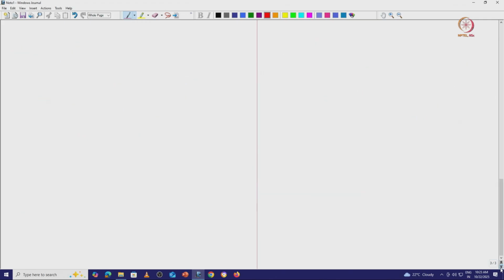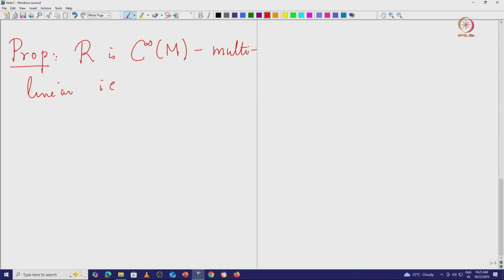All right. So key observation with respect to this curvature endomorphism is that R is C infinity multilinear, i.e. we basically get these three identities.